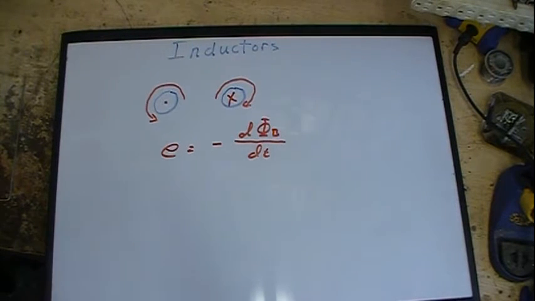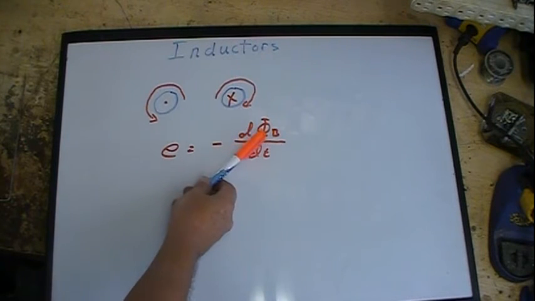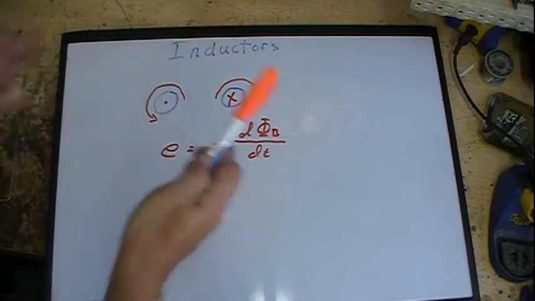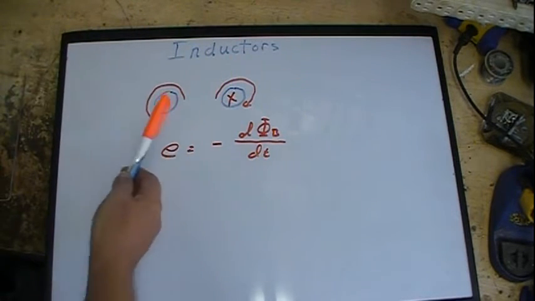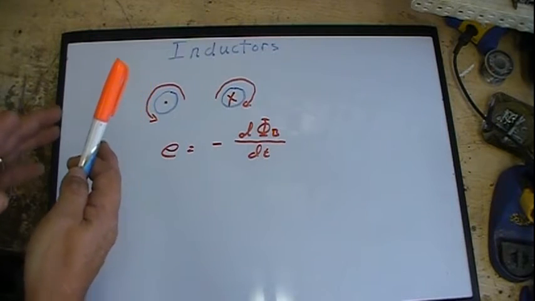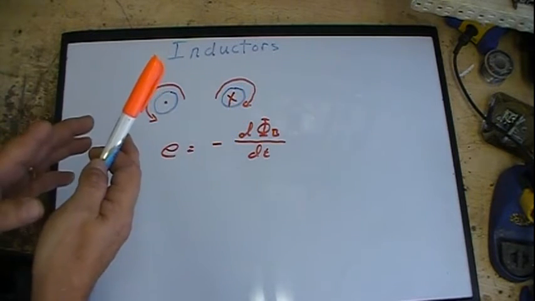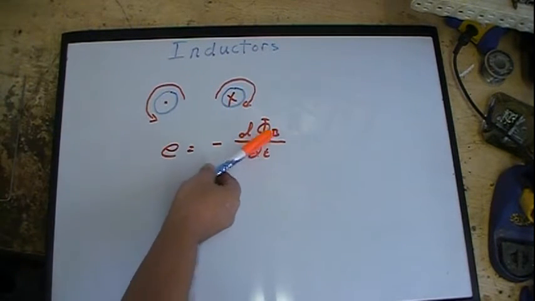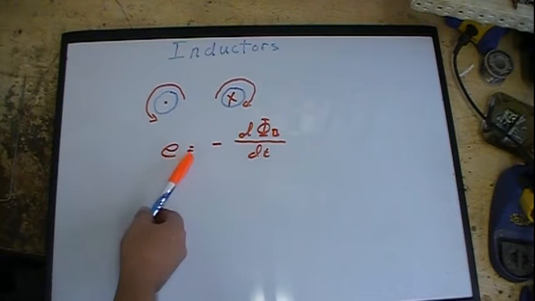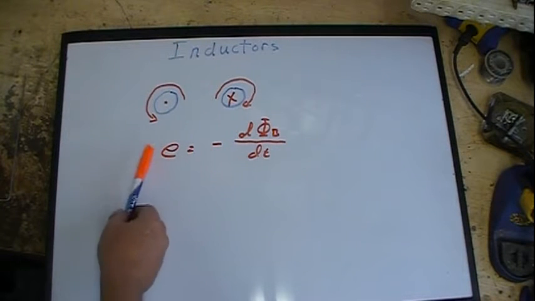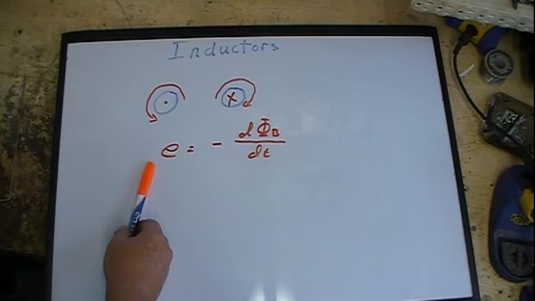That's what the d's are there for, but basically all that means is if I have a flux that is changing, in other words, this magnetic field that's changing with time, expanding and then contracting, then I get an induced voltage.